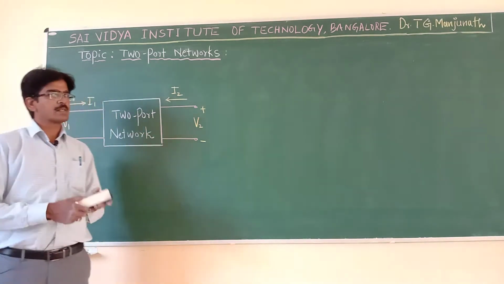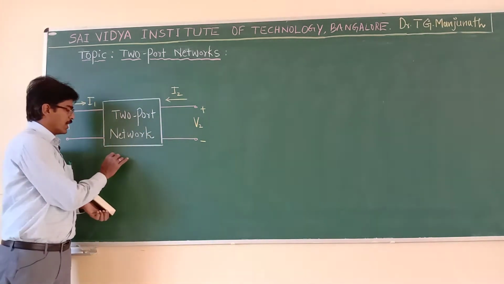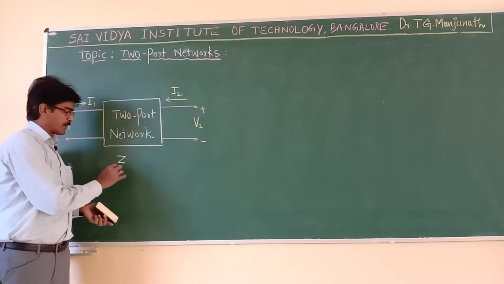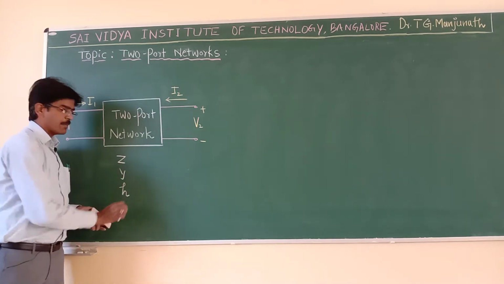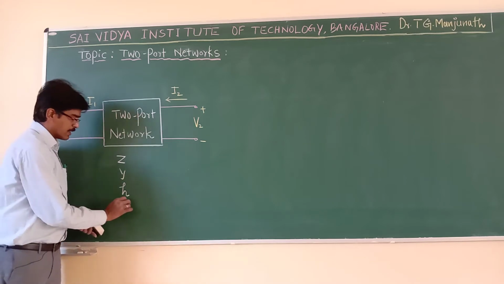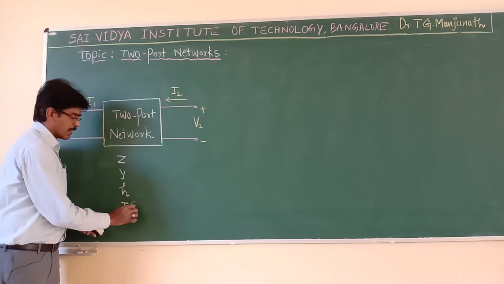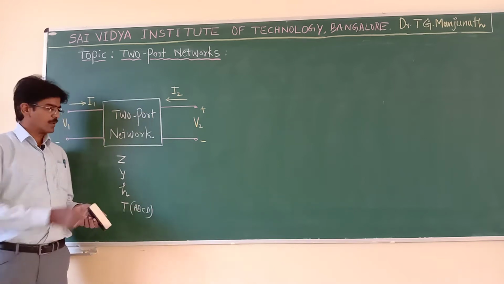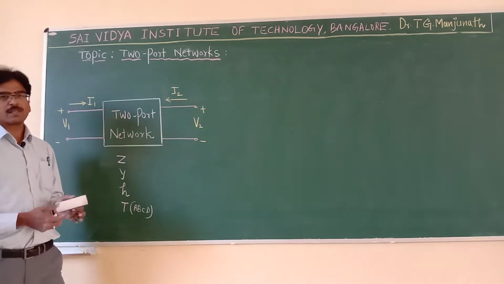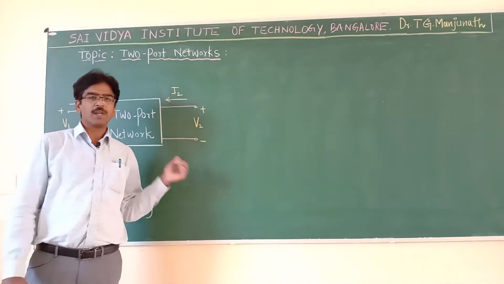What parameters are we finding? Impedance parameters, admittance parameters, hybrid parameters, and transmission parameters, also known as ABCD parameters. Those things we discussed in the last video.